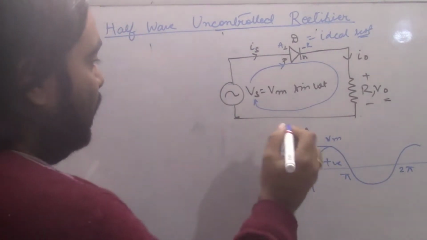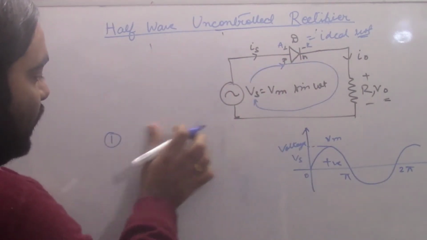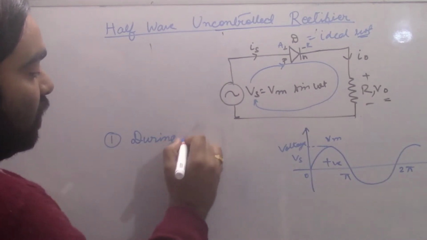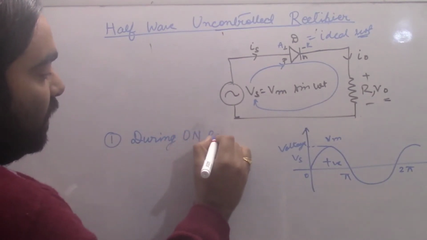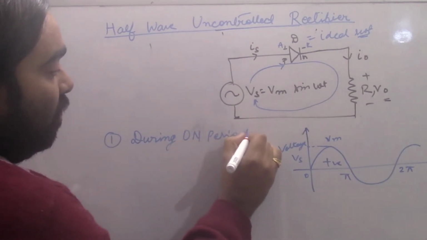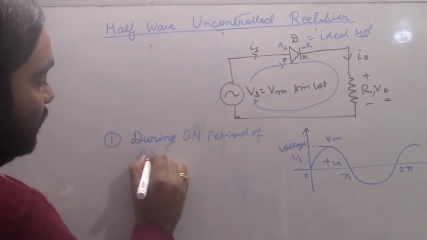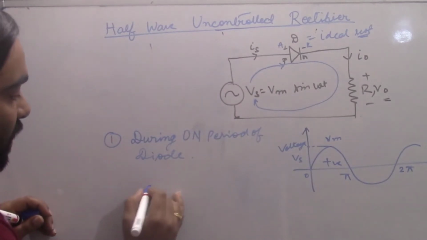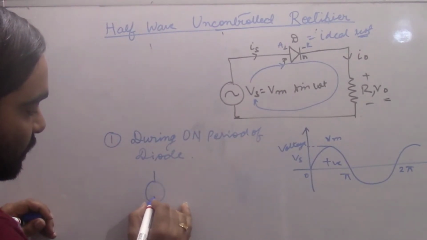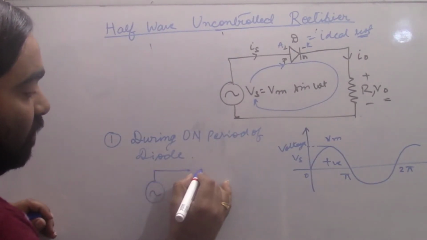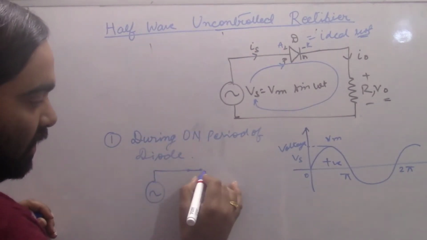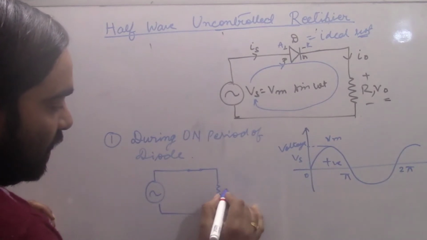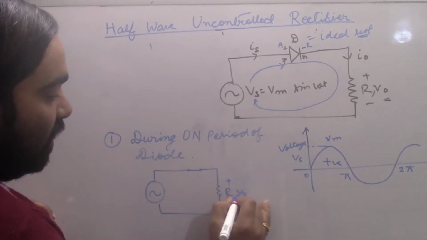During the on period of the diode, the circuit will look like this. The supply voltage and diode will be replaced by an ideal switch, and the resistive load R is connected, with plus minus V output.